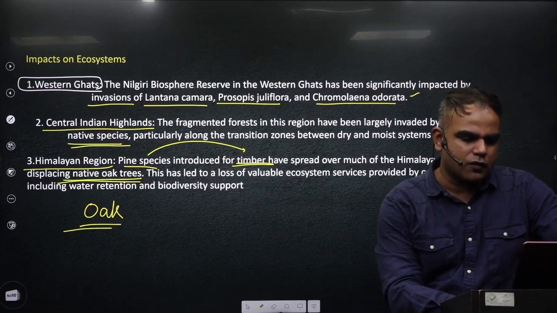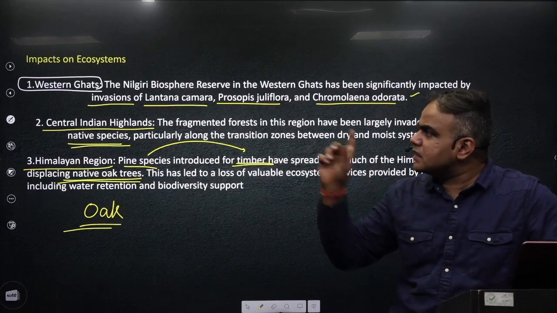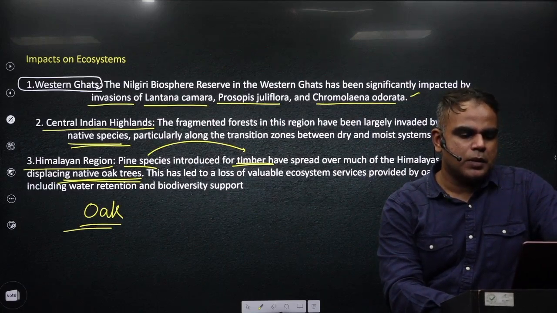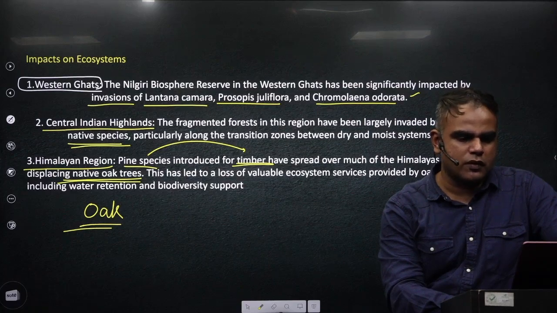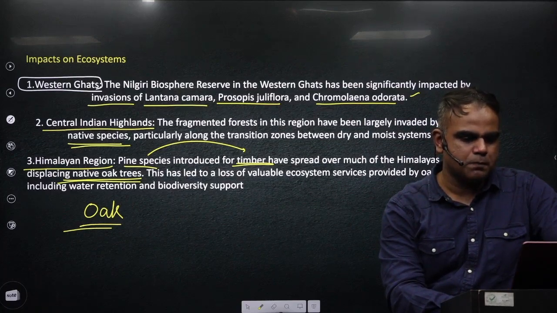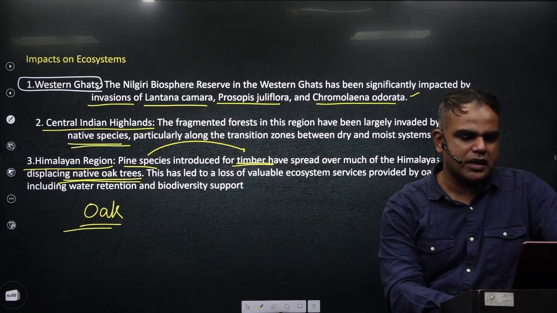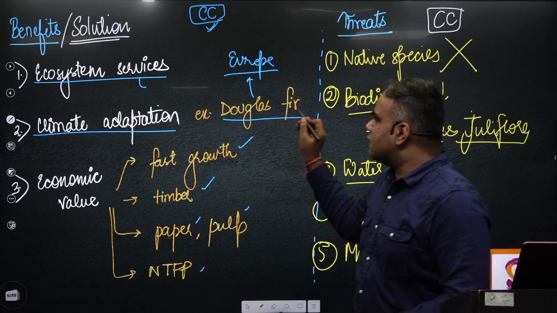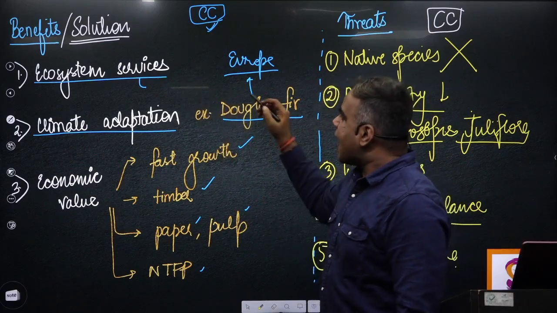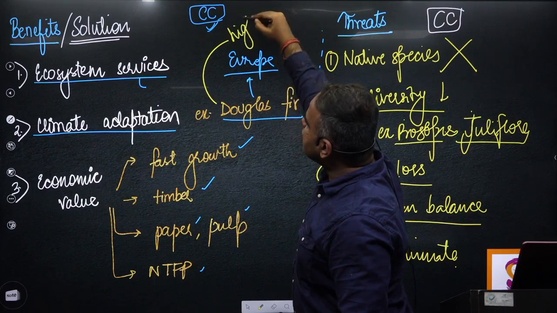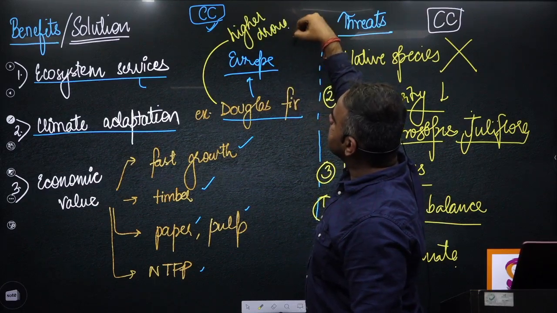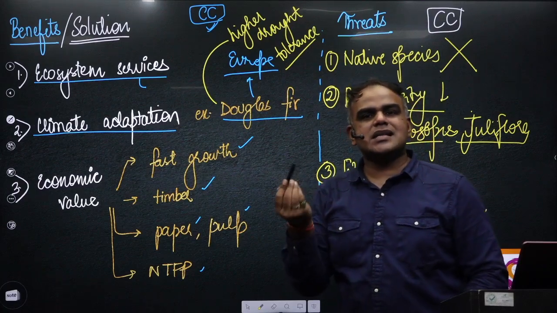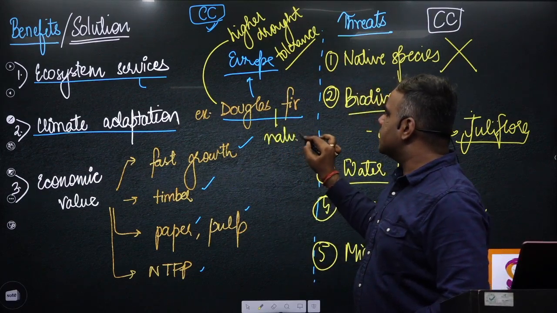So this is a challenge related. There are also a couple of good examples, wherein some things that you would have also read in your current affairs, that also I'll tell you. Now the example that I was giving you, the Douglas fir. So here what happened, this is an example of Europe. Now this variety is a non-native variety, and this has higher drought tolerance as compared to the native spruce variety.